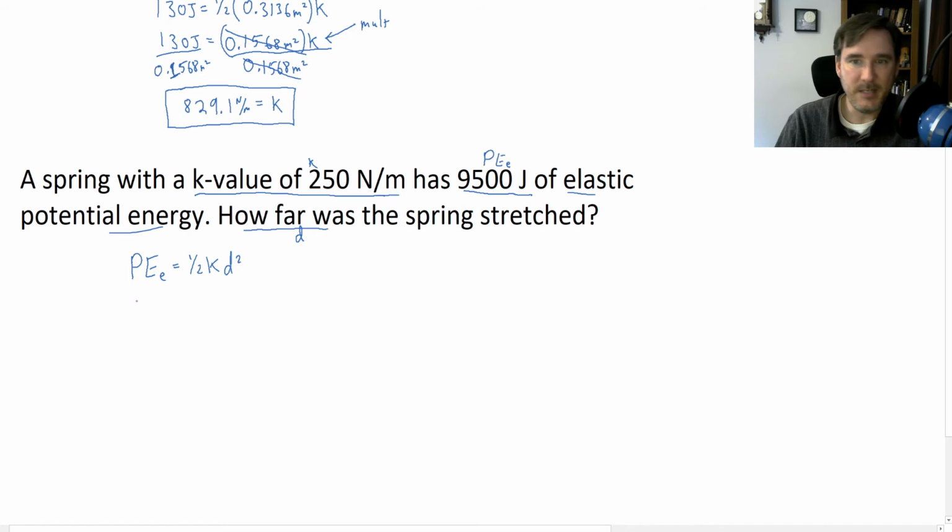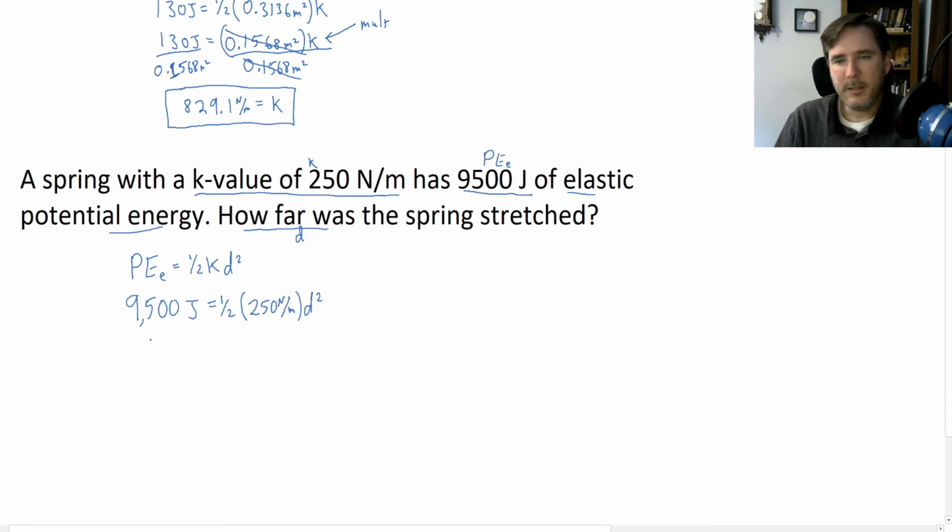We know that PE is 9,500 joules, put our comma there if we want. And that's equal to 1/2 times K, which we do know is 250 newtons per meter. And that is going to be multiplied by our distance squared. And that's going to cause a little bit of trouble in a minute, but nothing we can't handle.